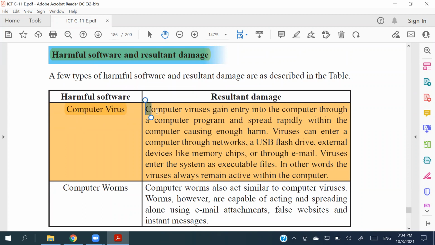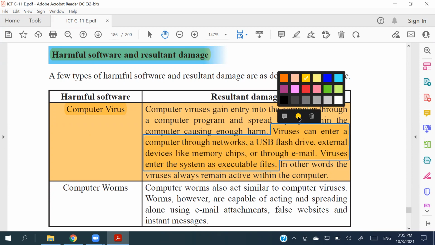I'll highlight the parts you should write, like this. Yeah, you may write these things, starting from virus.